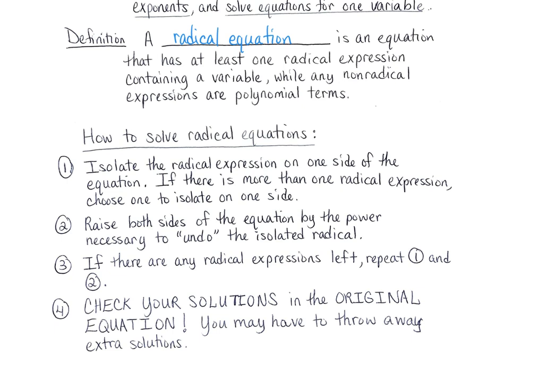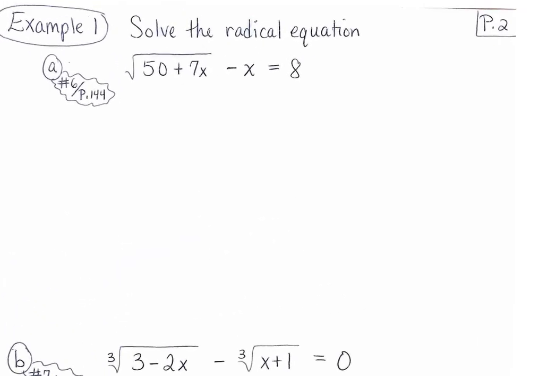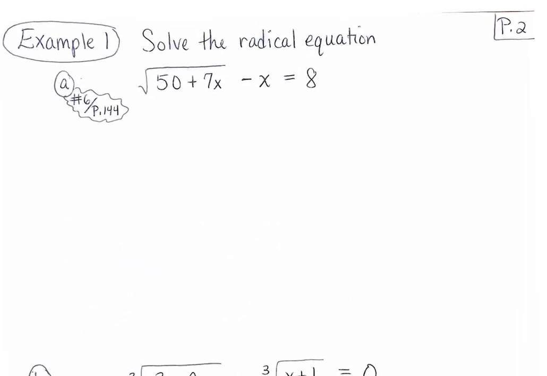So we're going to look at an example. We really don't need to do the example from page 3, but I do want to get through parts A and B. We want to solve the radical equation: the square root of the quantity 50 plus 7x, minus x, equals 8. First step says we want to get the radical expression by itself.